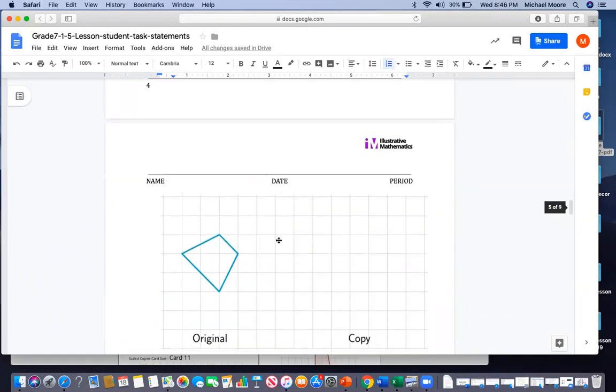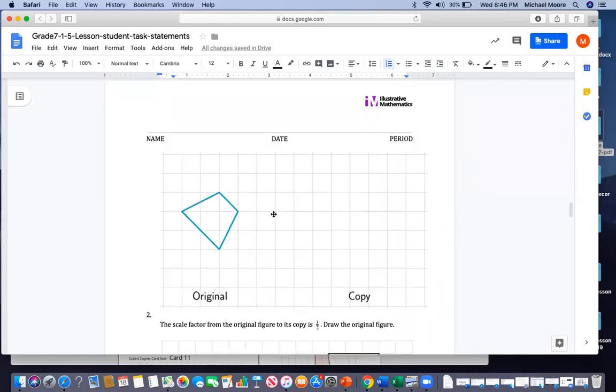And number 1, in this example, we're supposed to draw our scale factor, the copy, and we're given a scale factor of 2. So we have 4. So count 4, and then I have 2 on the 1 on the top. Multiply that by 2.